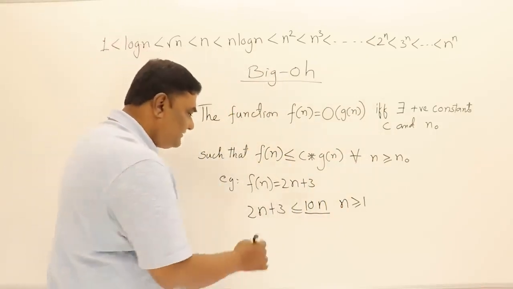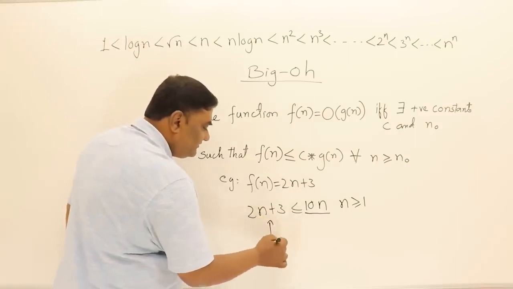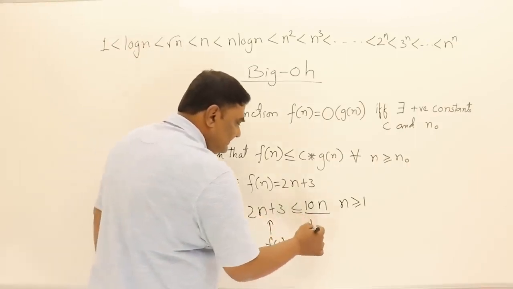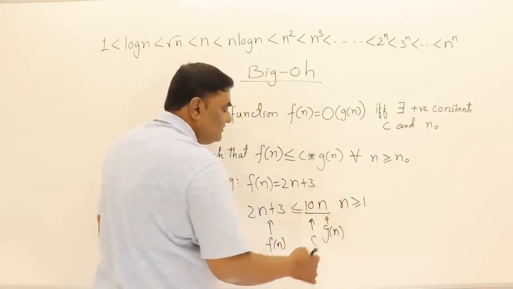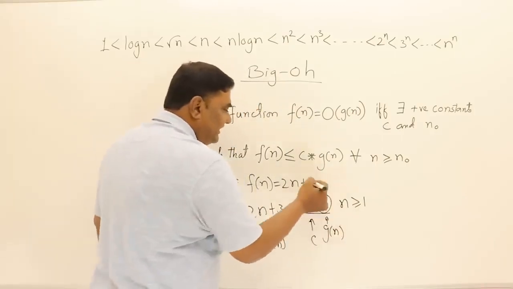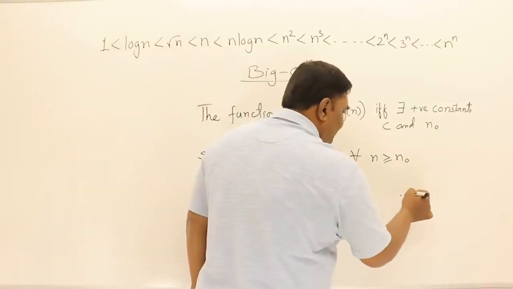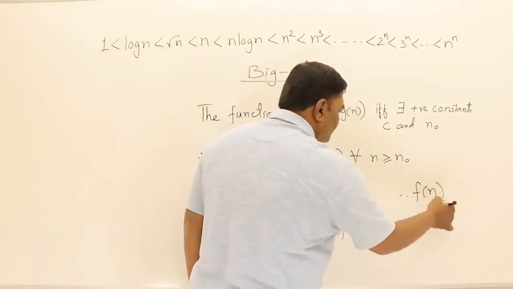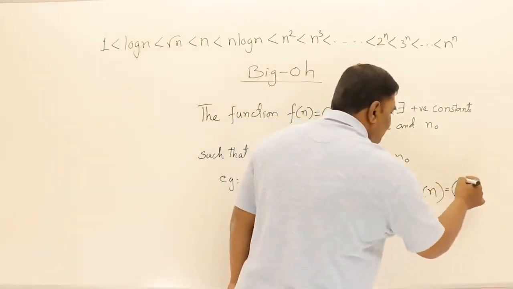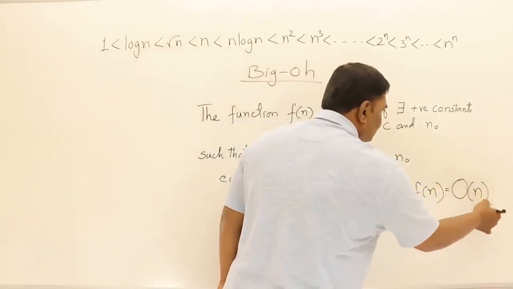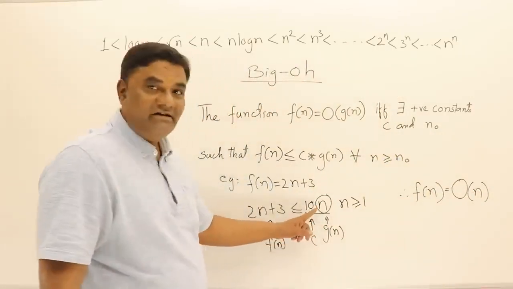So this is f of n, this is c, and this is g of n. So g of n is n. Therefore I can say f of n, that is 2n plus 3, is big O of n. G of n is n.